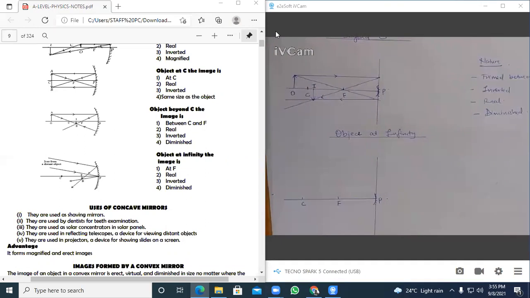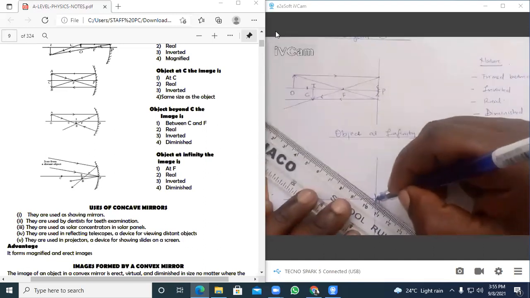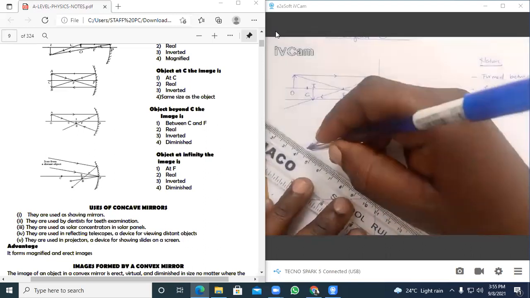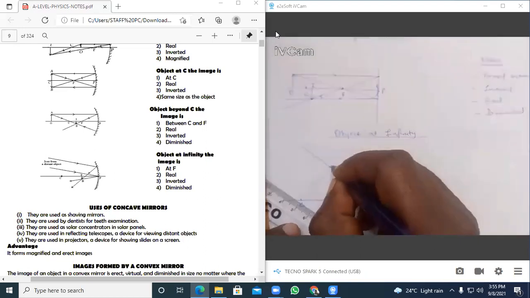Now, I'll draw this first ray here, touching this point. This ray, like that, touches this point here.